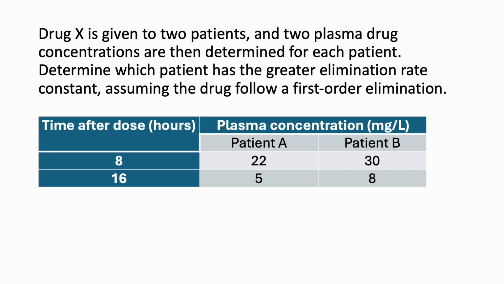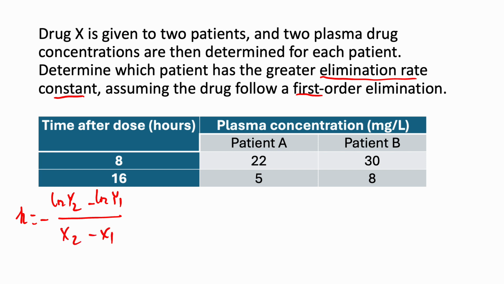So look at the question. The question asks you to compare the elimination rate constants of patients A and B to see which one is greater. To compare that, you need to know the value of K, because it follows first order elimination. You know that the elimination rate constant is calculated by the equation K equals the negative of natural log of y2 minus natural log of y1, divided by x2 minus x1.